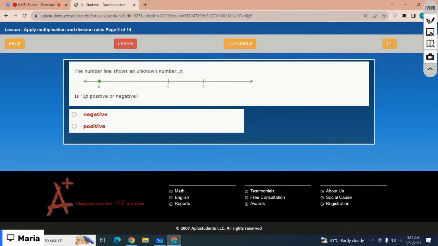So negative times negative: when you multiply two negative numbers, the answer must be positive. Very good. So that would be positive, right?